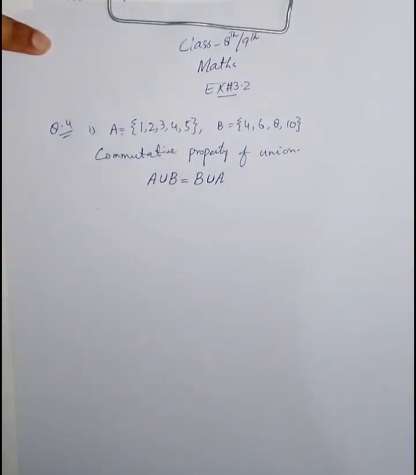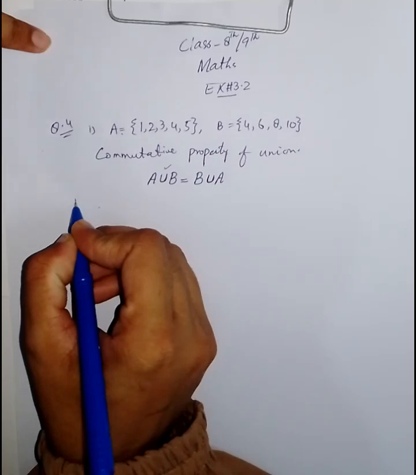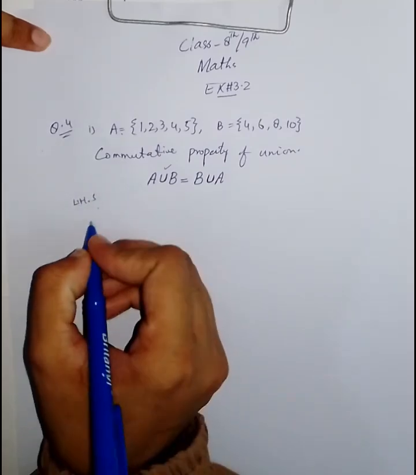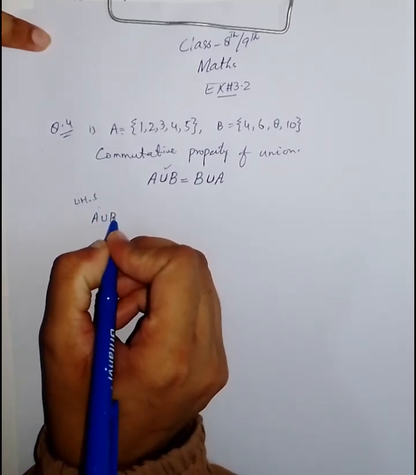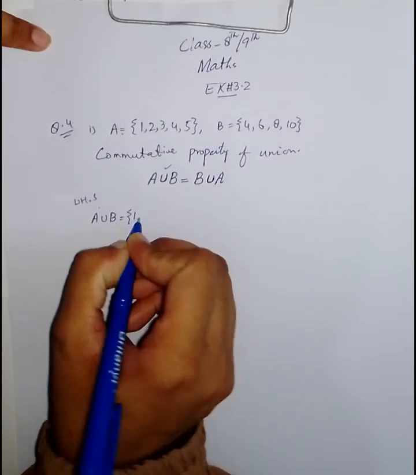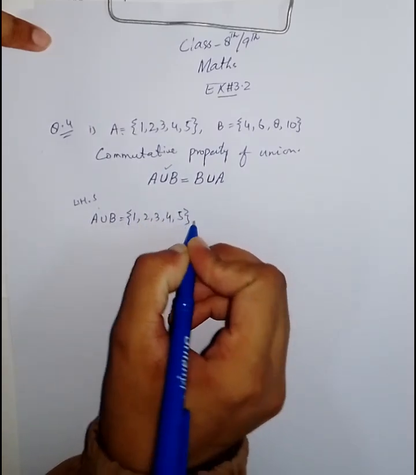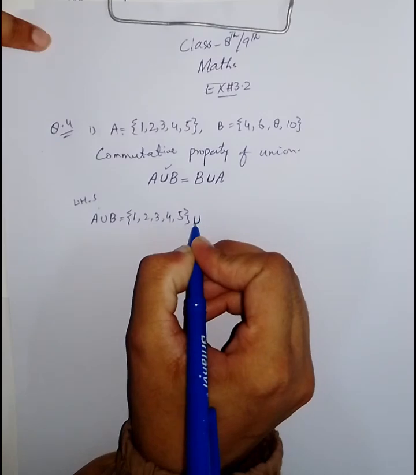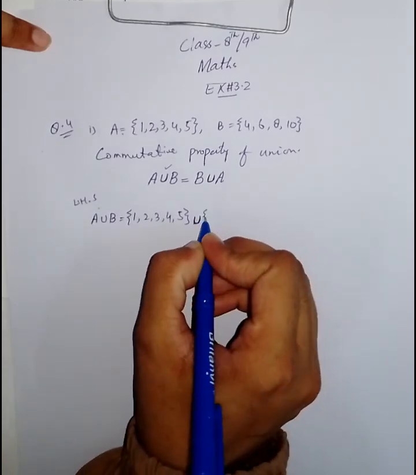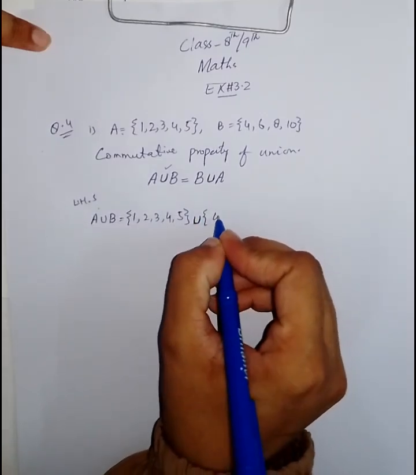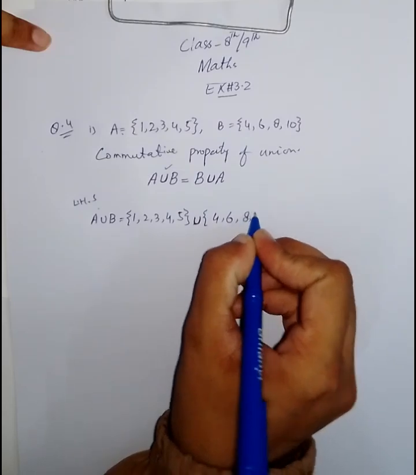So let's verify it. Consider just left hand side A union B. A is given 1, 2, 3, 4, 5. U representing union. A union B is 4, 6, 8, 10.